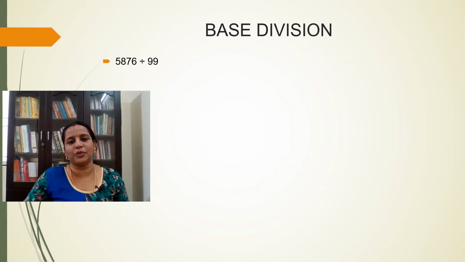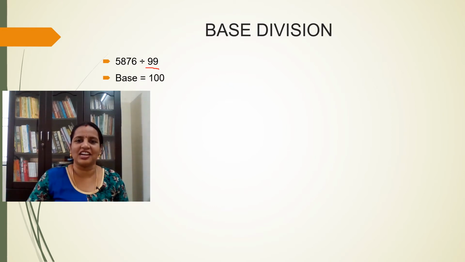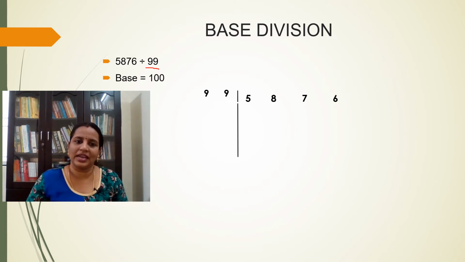The next problem is 5876 divided by 99. For 99, the base will be 100. I'm just writing it down: 5876 divided by 99.